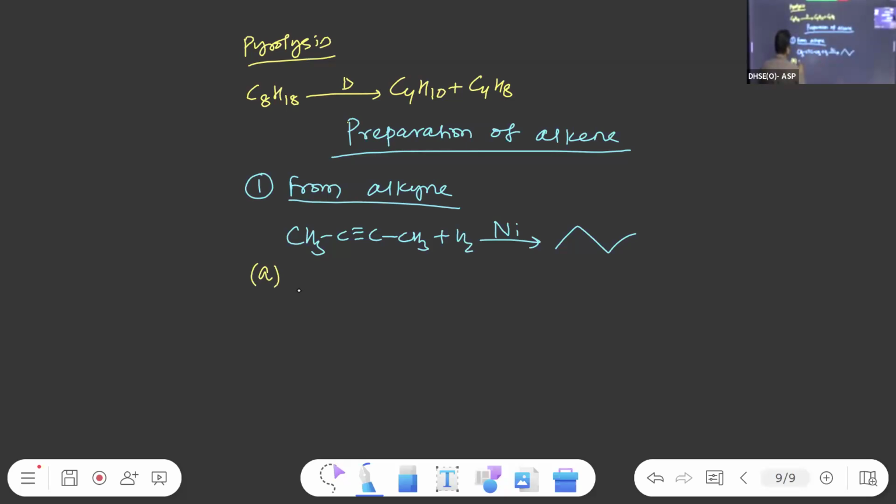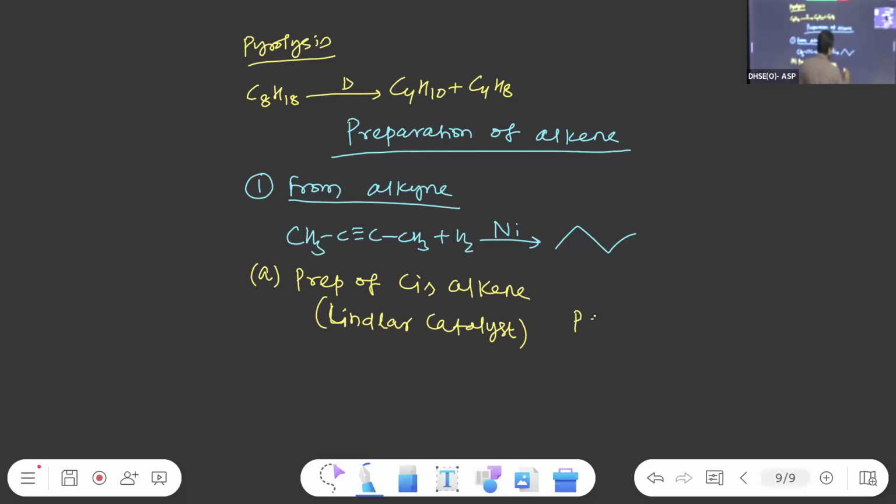First, preparation of cis alkene. That is known as Lindlar catalyst. So what is Lindlar catalyst?